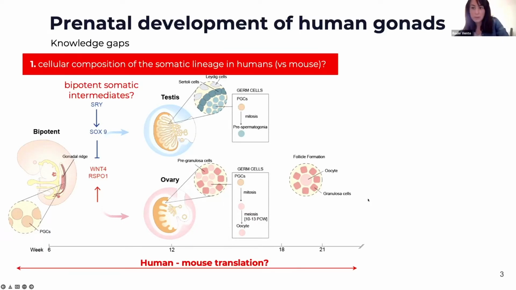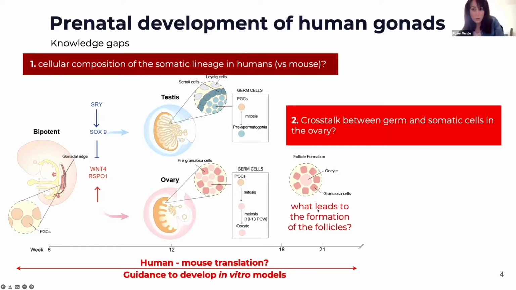The majority of work so far has been focused on the germ cells, and little is known about the somatic lineage. It's also very little known how this compares to mouse and how we can translate findings between species.